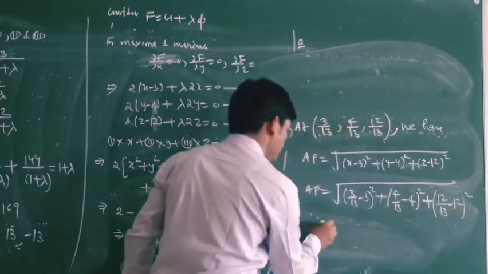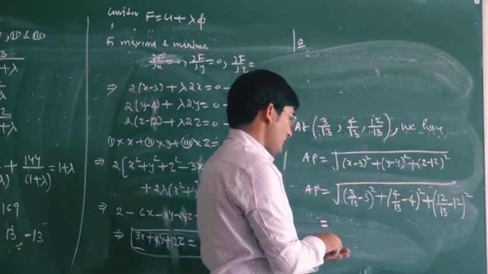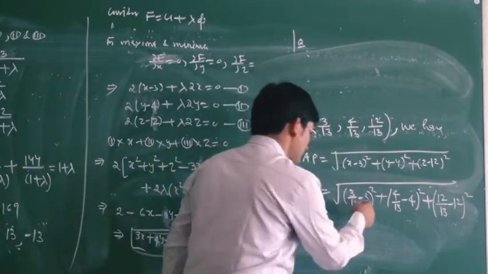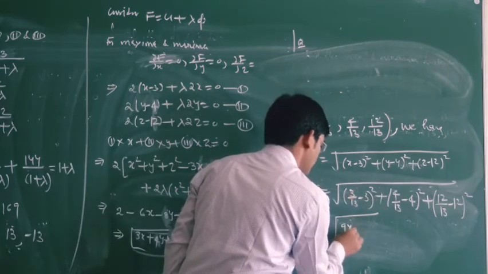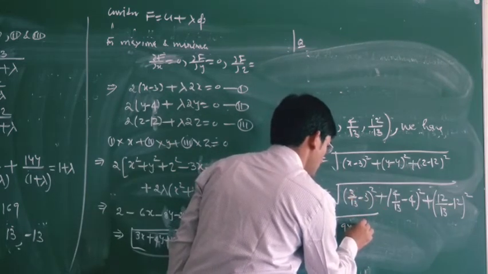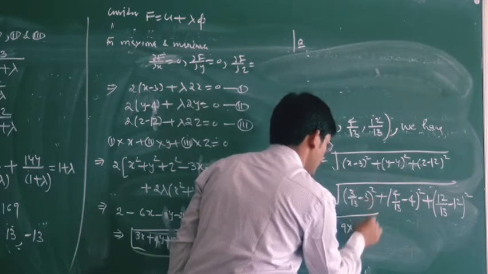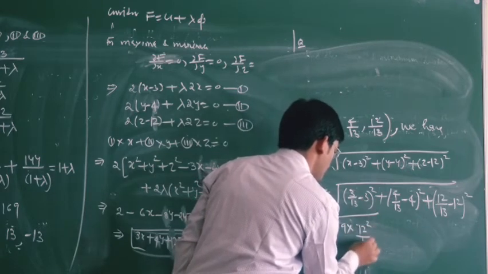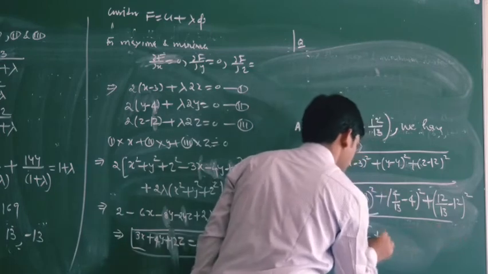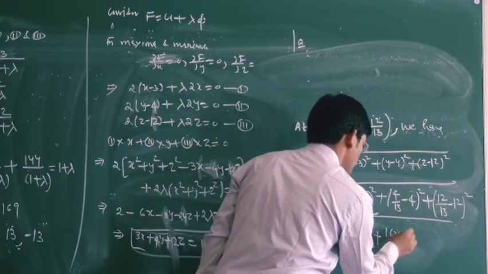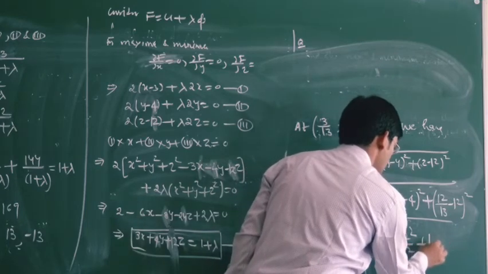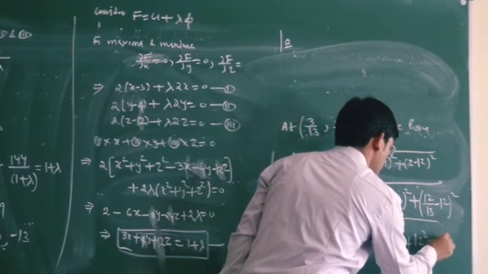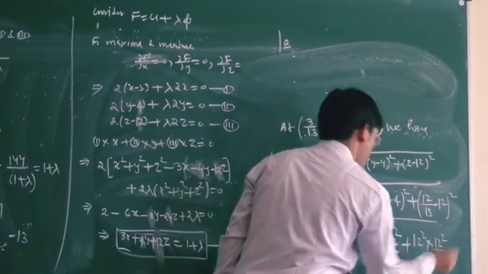So this is equal to, now we can easily get this value. If you take this 3 common, then we will have 9 into 12 square upon 13 square, then we will have 16 into 12 square upon 13 square, then we will have 12 square into 12 square upon 13 square.